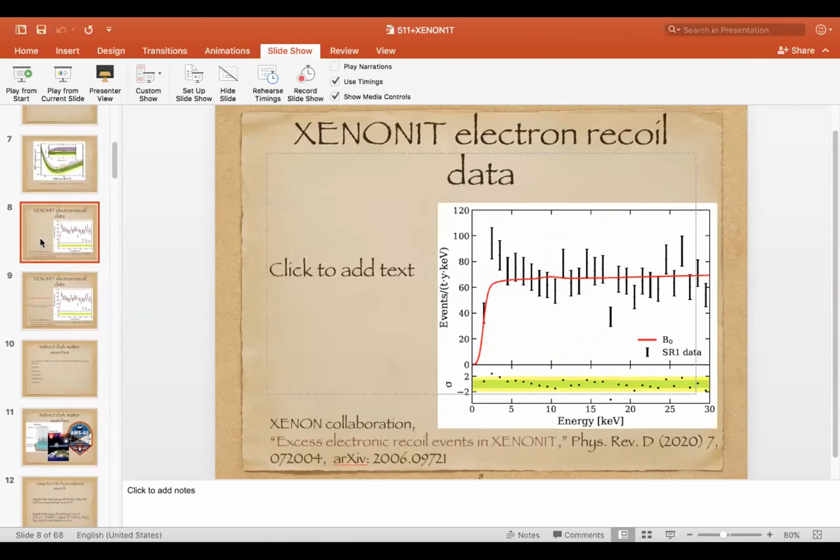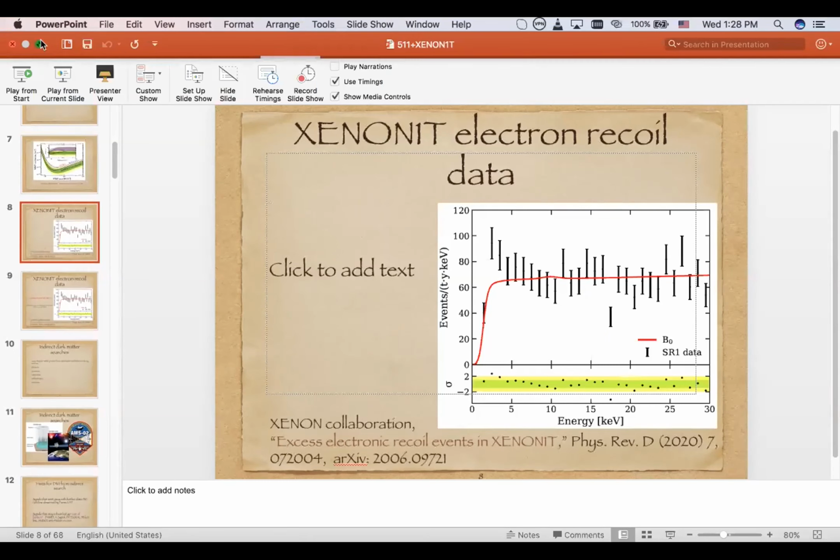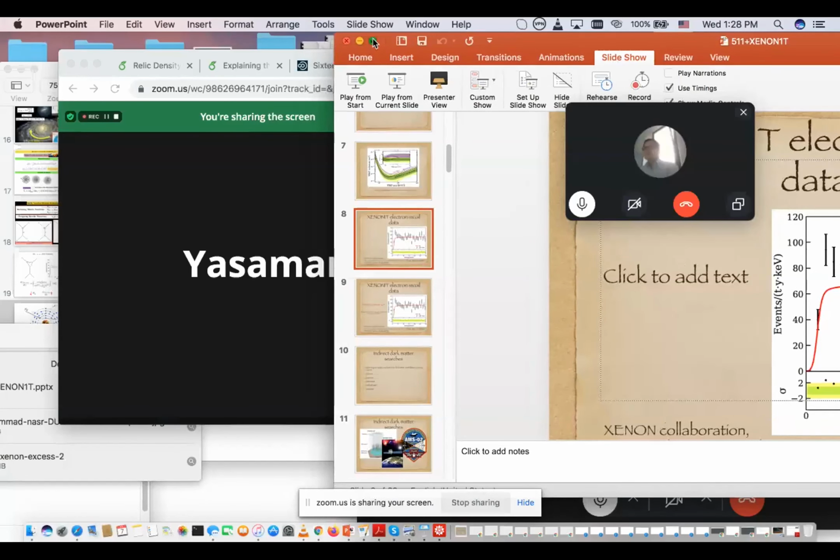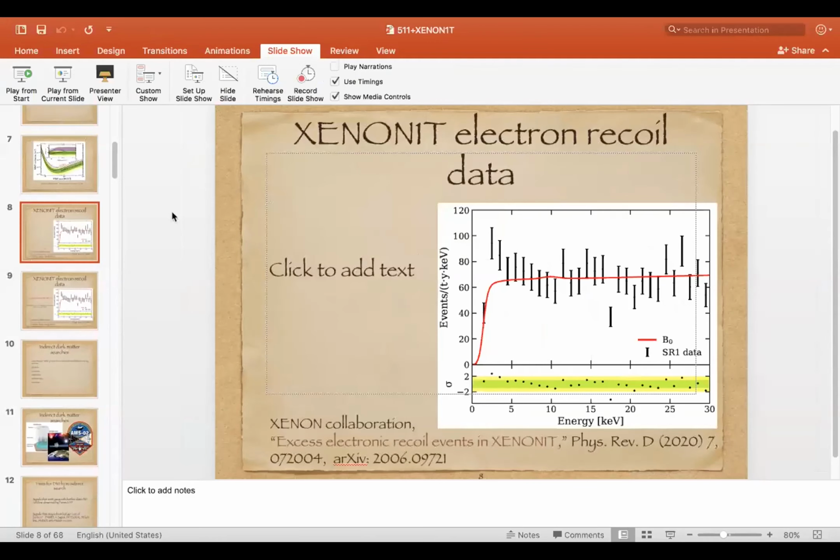Moreover, XENONnT has observed some excess of events at low energy, which can be interpreted as scattering of dark matter off electrons. Although, as we heard before, it can also come from residual tritium decay.